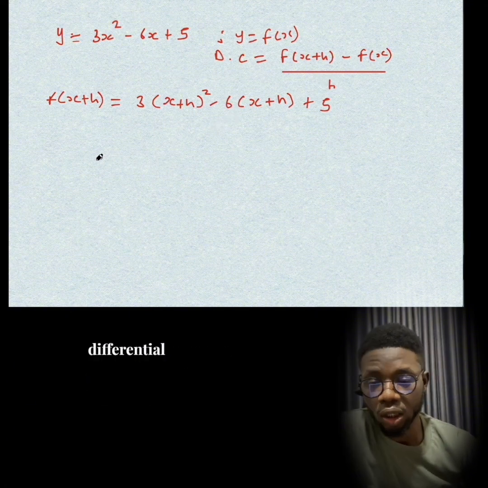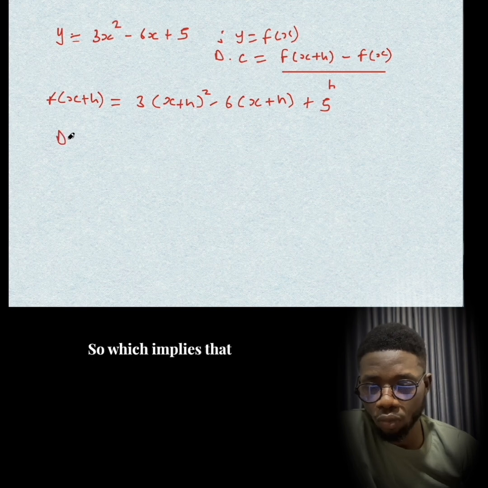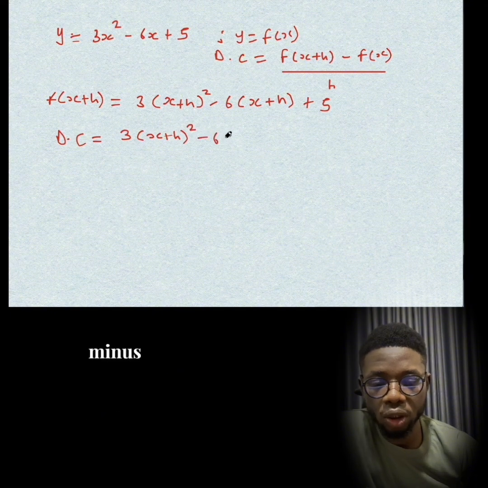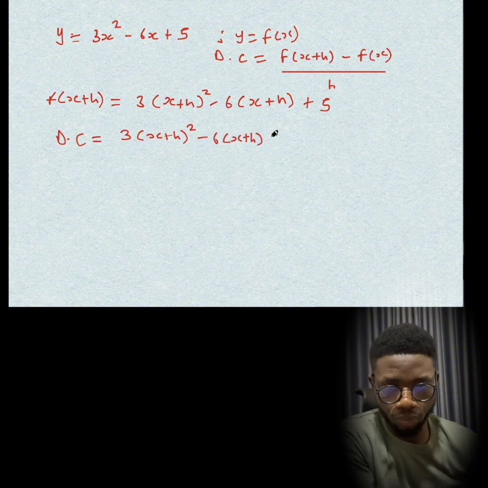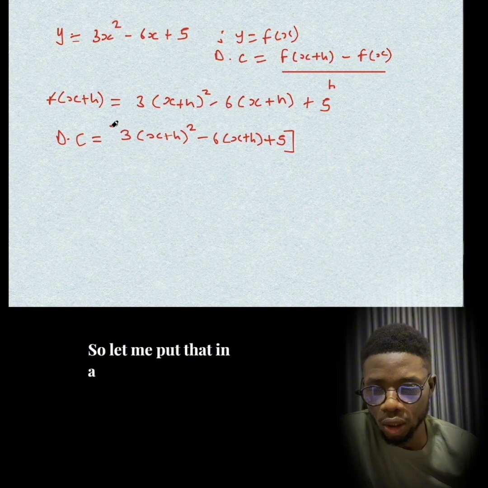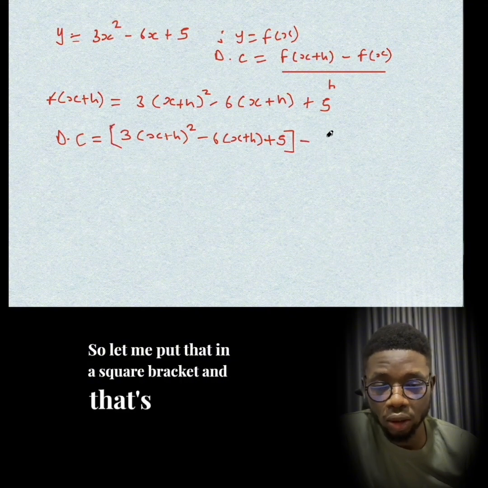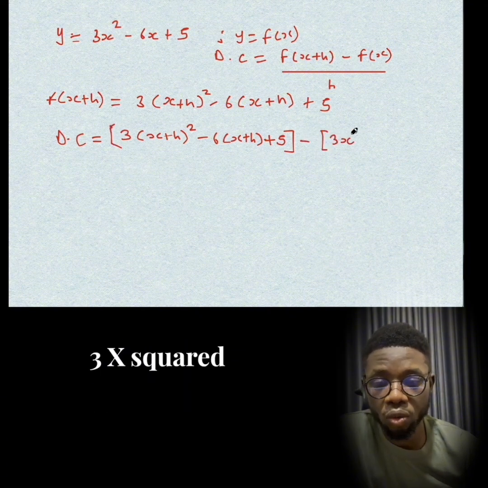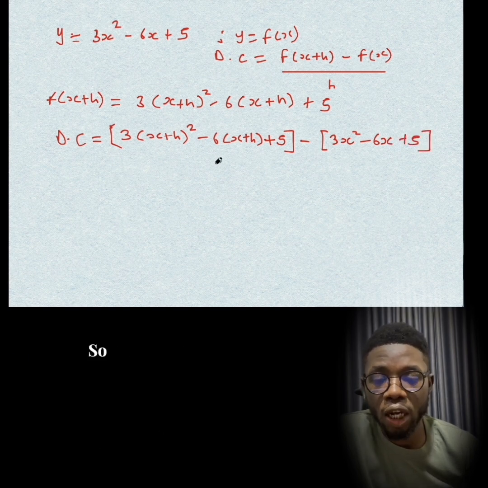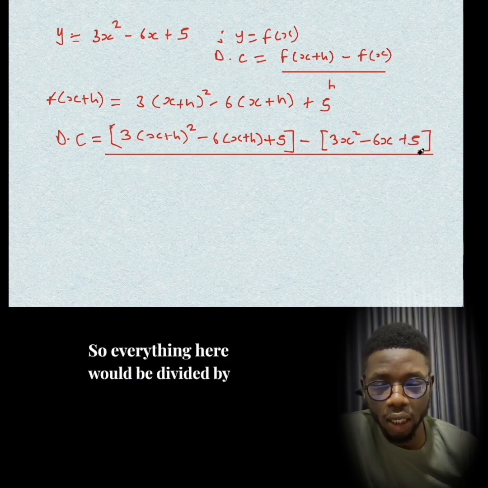Our differential quotient is definitely going to be: in a square bracket, 3(x plus h) squared minus 6(x plus h) plus 5, minus 3x squared minus 6x plus 5. Everything here would be divided by h.